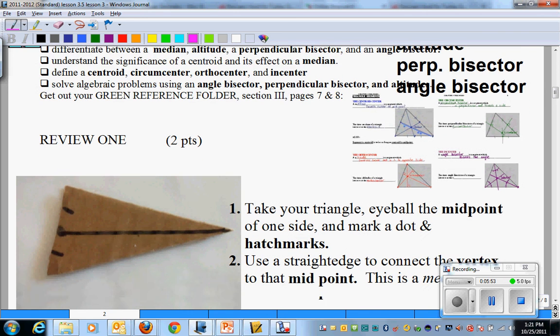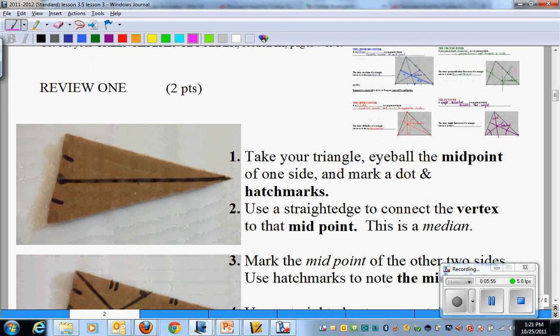Okay, first one, a median. Go to this triangle, please. I'd like you to darken that and write the word vertex. Now, right here, put a dot there, write the word midpoint.